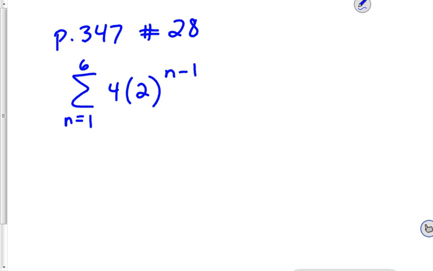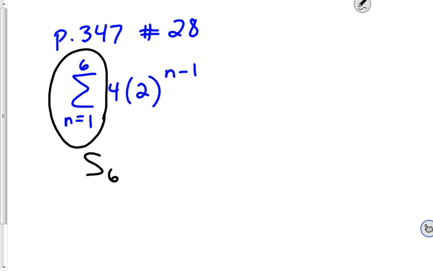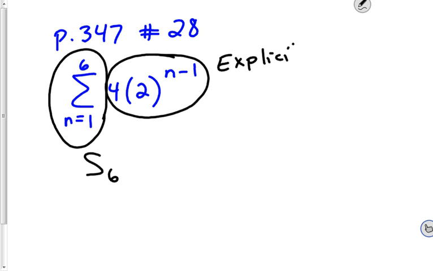All right, so we're taking a look at number 28, and we need to be able to read sigma notation right here. That means the sum of the first 6 terms of this geometric sequence. And what they're doing here is giving you the explicit formula of that geometric sequence. So from this explicit formula, we can get a sub 1 right there.